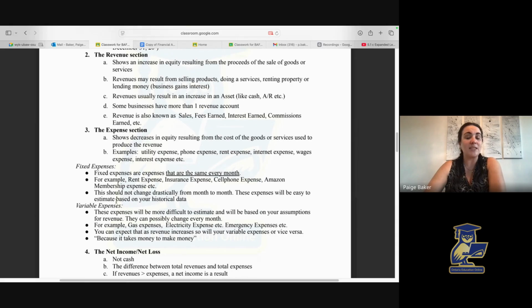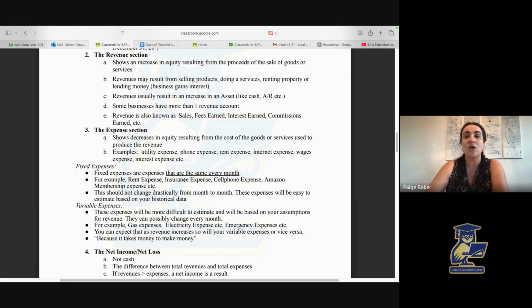With expenses, we have two different types. Number one being fixed expenses, and these are expenses that are typically the same every single month. So it doesn't matter how much you are selling, how much you are producing, how many services you're providing, the expenses are going to be the same month to month. So for example, rent expense, rent is going to be the same every single month.